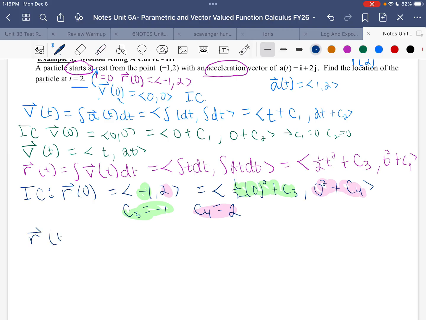So r of t, plug back in your constants: r of t is 1/2 t squared minus 1, and then t squared plus 2. Now we're going to find r at 2.